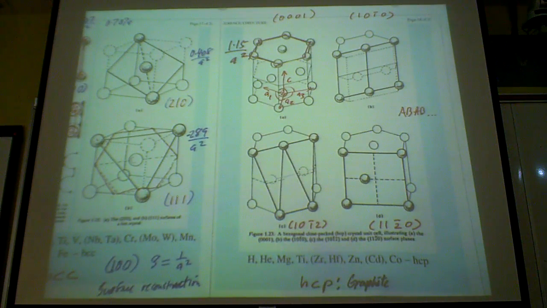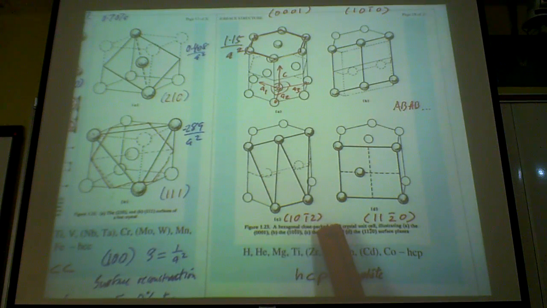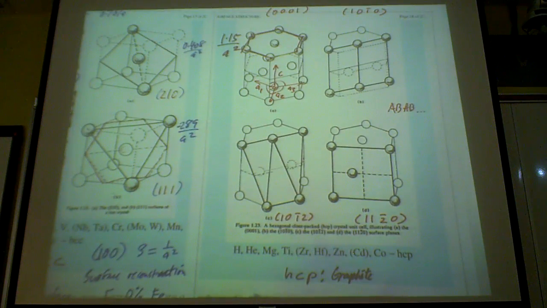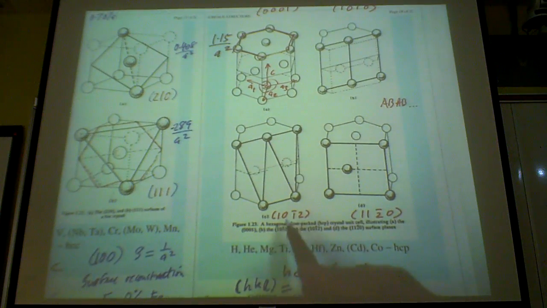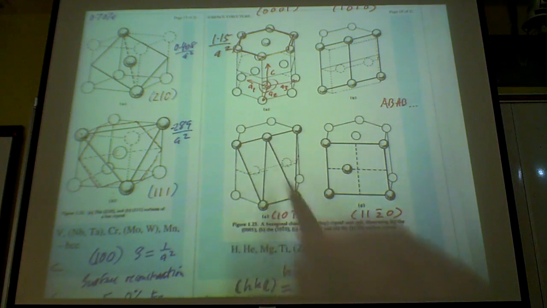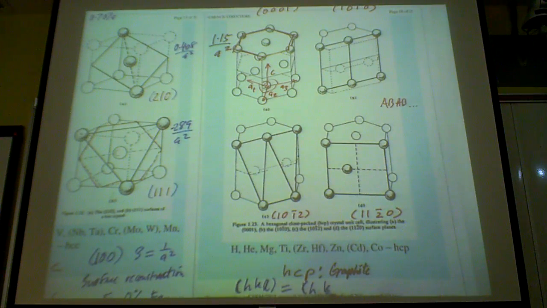Sometimes you also see people write the Miller index with 3 numbers instead of 4. Just so that you know when you read some literature, you sometimes see h, k, and l, and this is equivalent to 4 indices: h and k stay the same, and the third number is usually negative (h plus k), and then l is the last one.